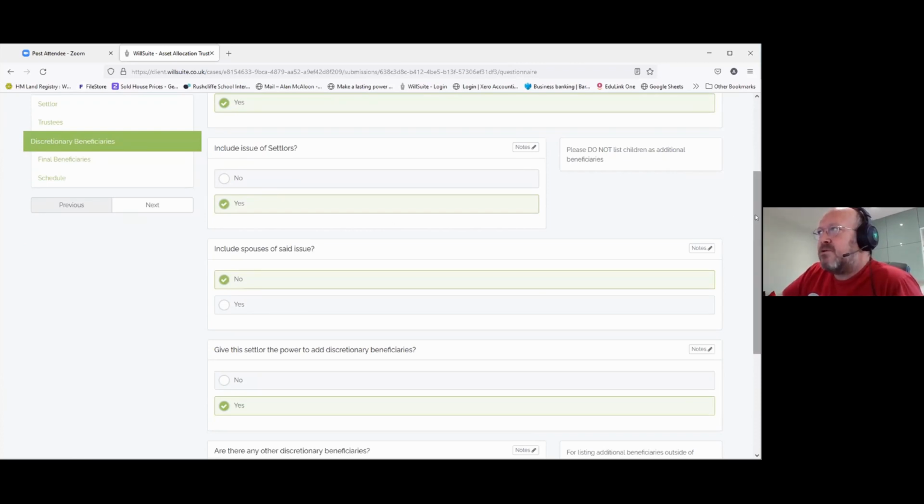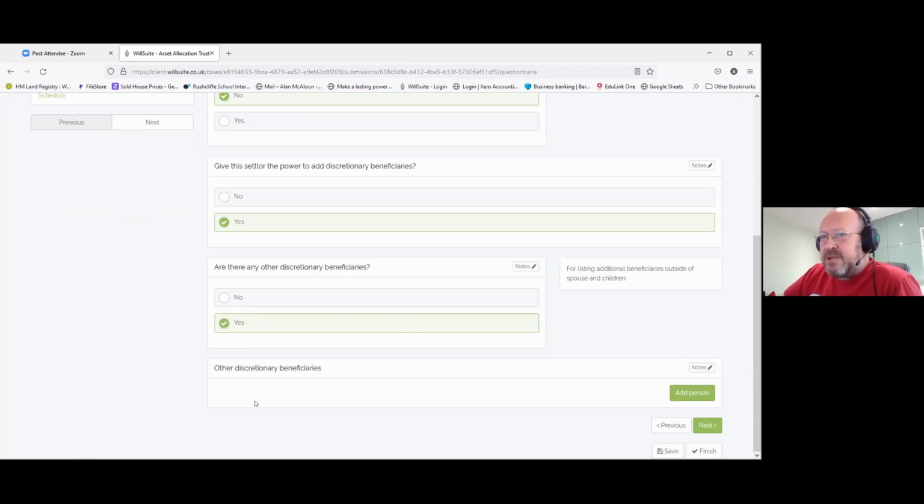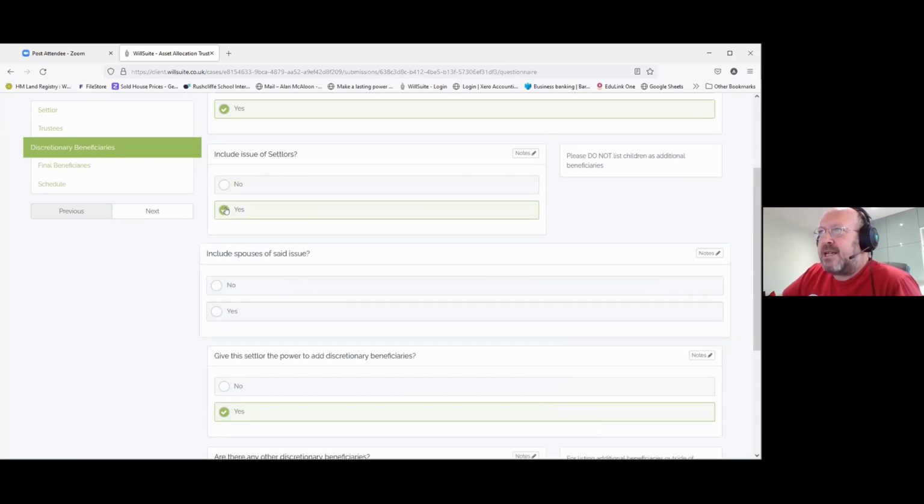But if they've got children, let's say they've got 3 children and one of them isn't to benefit, then you would say no here. Because if you say no, then you're going to list the beneficiaries. So you would list the 2 children that they want to benefit, and obviously not the one that they don't want to benefit. But if all of the children are going to be listed as beneficiaries, then just click yes.